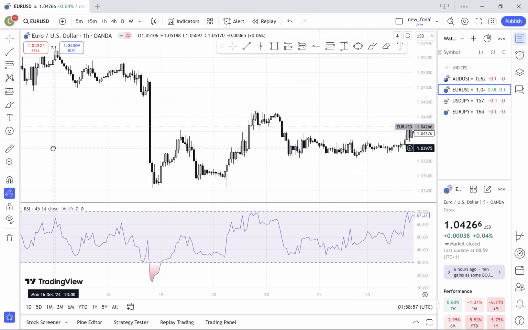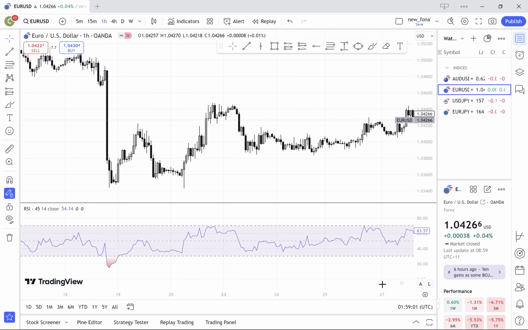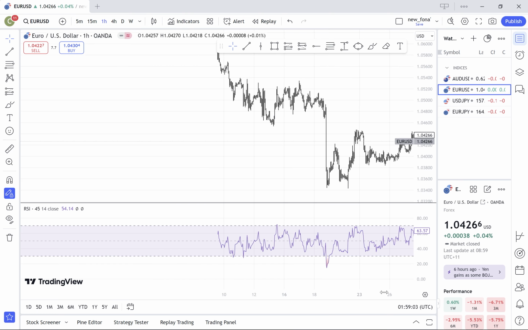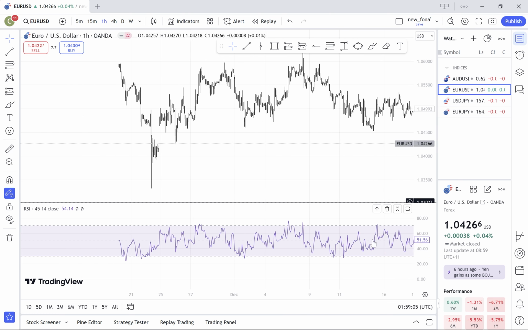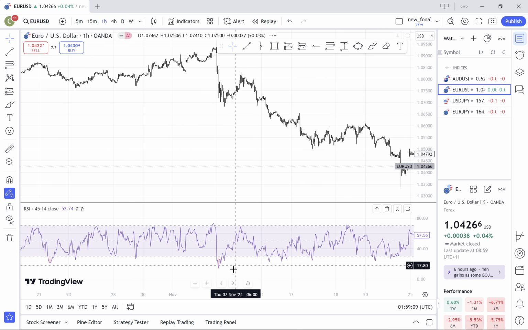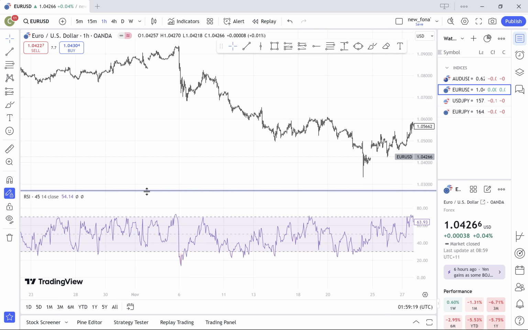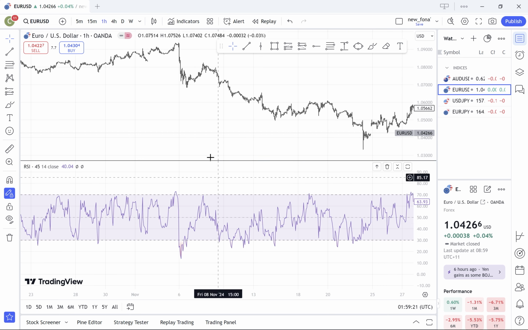If we look at the 1 hour time frame, and zoom out a bit more, whenever the price hit this low, it was supposed to be sold, but it went even more downwards, which is pretty confusing.